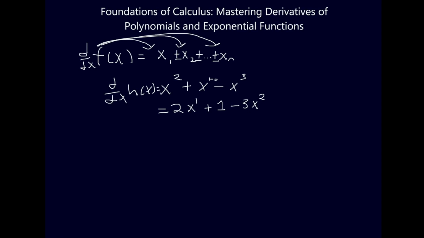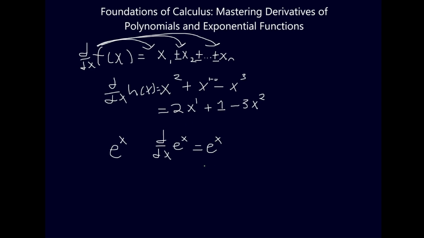One important function that I do want to bring up, though, and an important rule, is the natural exponential base, e to the x. Now, e to the x is very special. The derivative of e to the x is itself. So the derivative of e to the x equals e to the x.